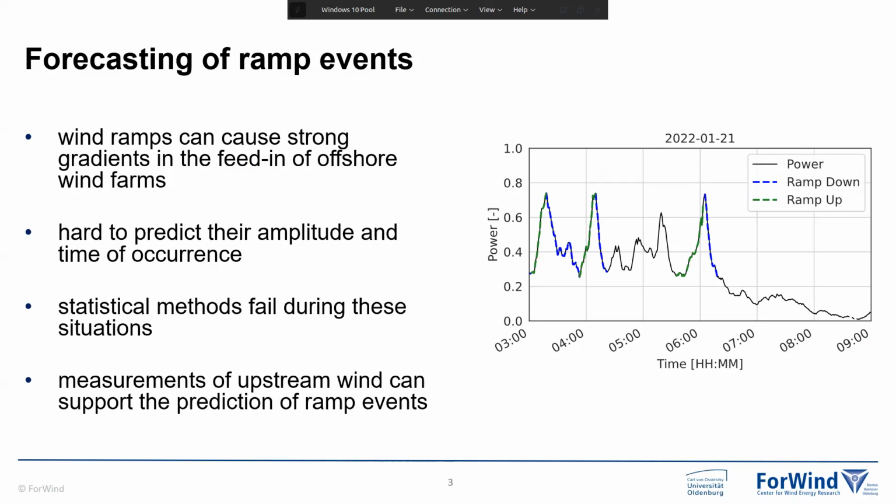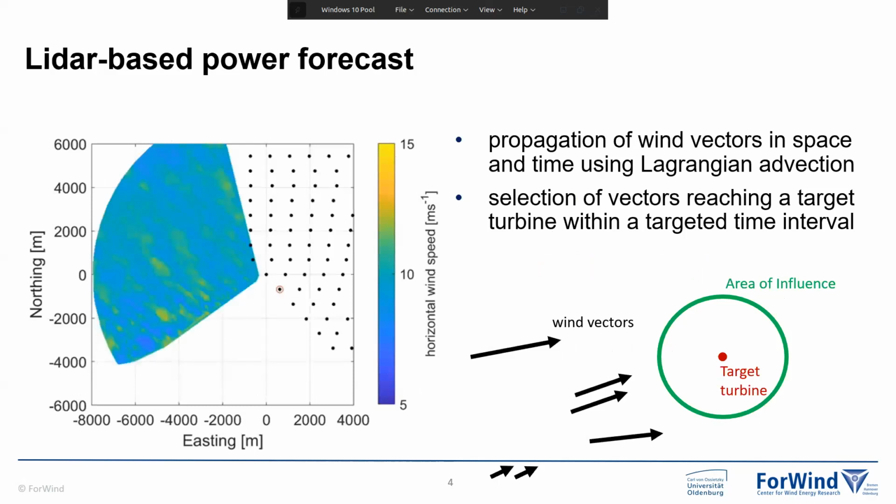And on the right-hand side, I brought an example plot of some of the ramps we saw in the data. In blue, you will always see the ramp down events, and in green, the ramp up events. And to give you a brief introduction into the LiDAR-based power forecasting, we already heard from Robin.